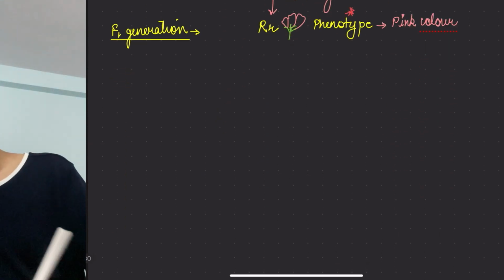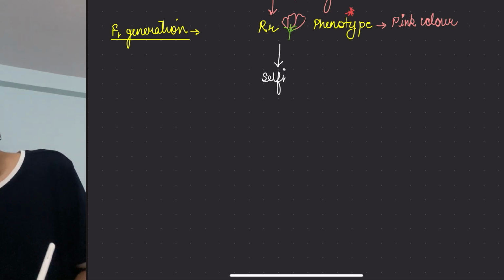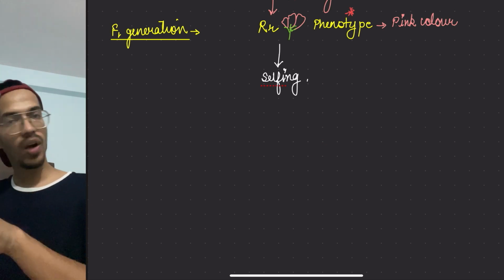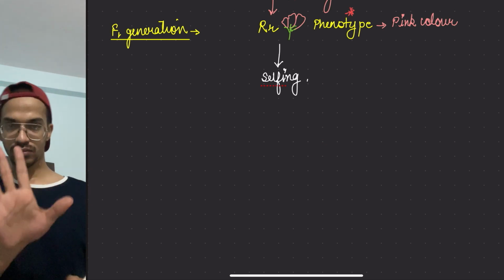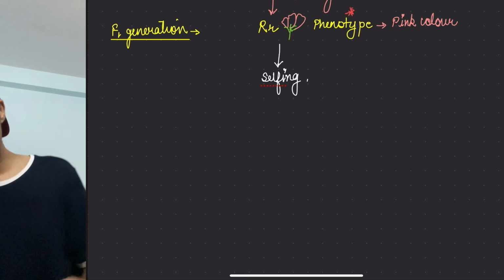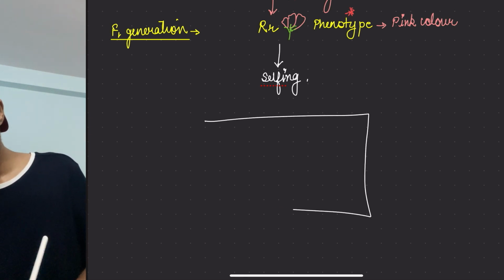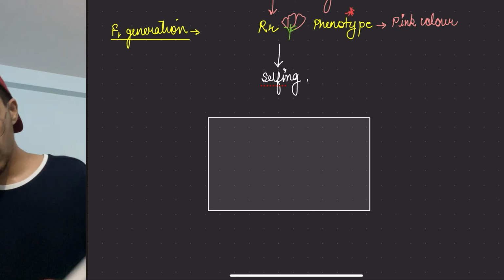So what will happen? There will be selfing. So selfing means what? It will make gametes. What would be the gametes? One capital R, one small r. These were the gametes. So one parent would be here, another parent would be here. We're going to make the Punnett square.